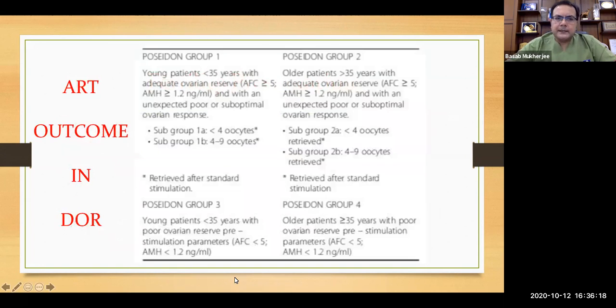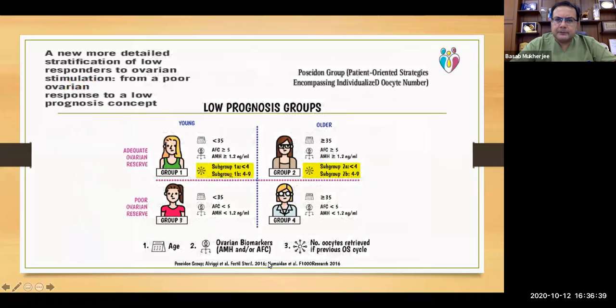Coming to ART outcome in decreased ovarian reserve, one terminology which we are all very familiar with nowadays, whenever decreased ovarian response or poor ovarian reserve comes up, is the Poseidon classification and the Poseidon groups. So here it is, the Poseidon group.